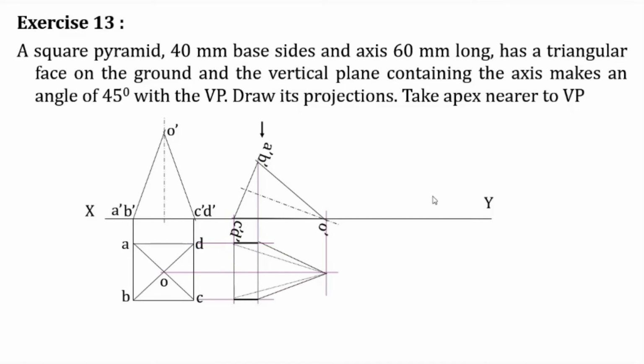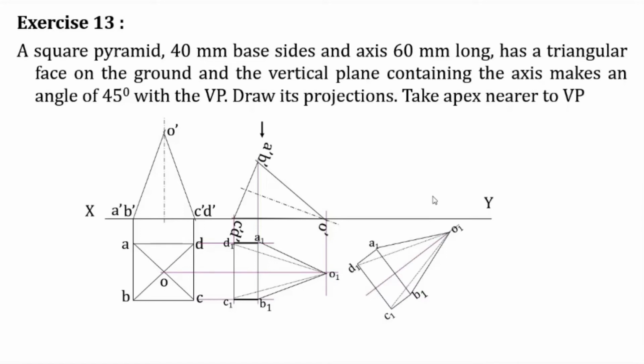These two edges, starting from C and D to O. So in the top view, it is C1, D1 to O1, that is C1 to O1 and D1 to O1. Those two edges will be invisible and all other edges will be visible edges.